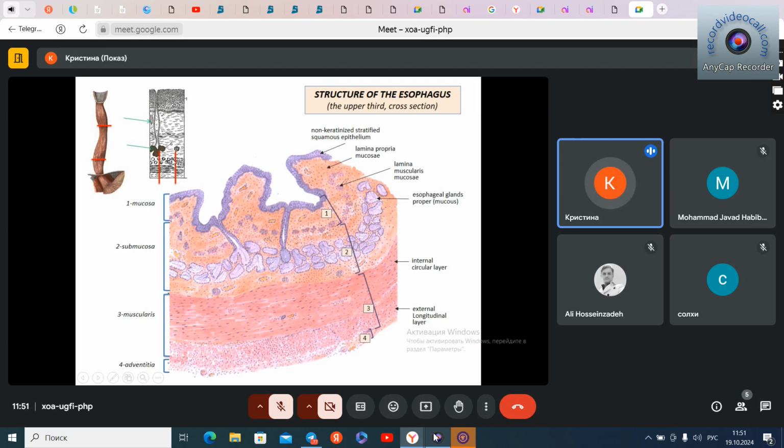In the middle portion, we will have both skeletal and smooth muscles, and in the lower portion, closer to the stomach, we will have only smooth muscle tissue.